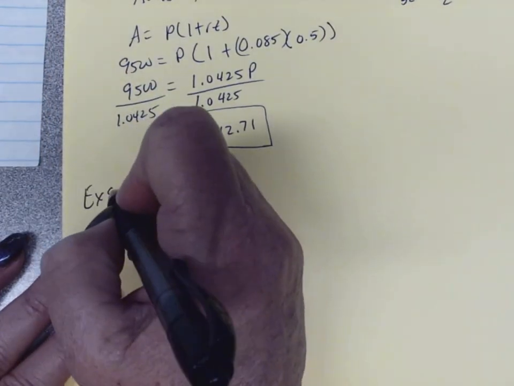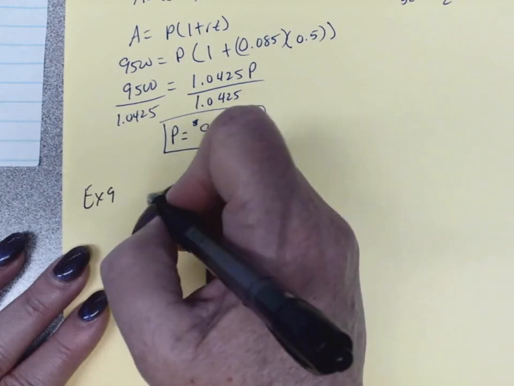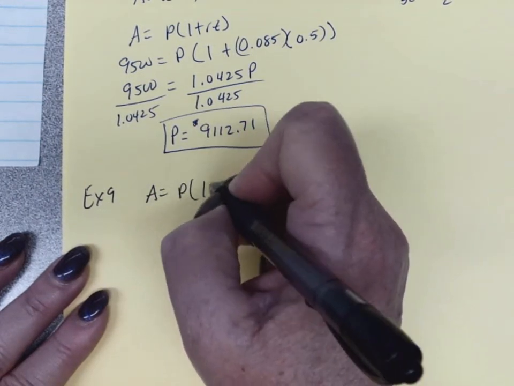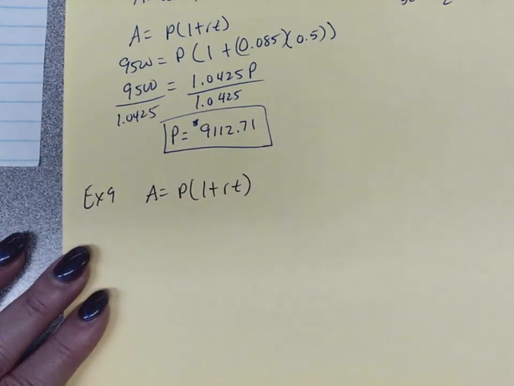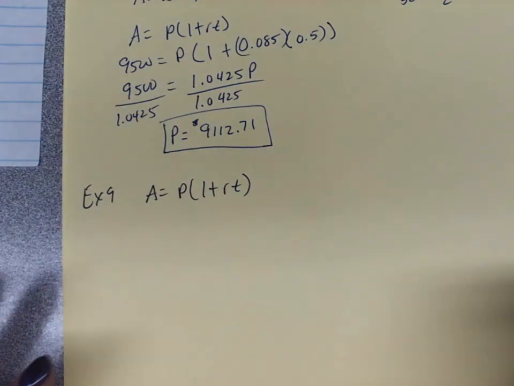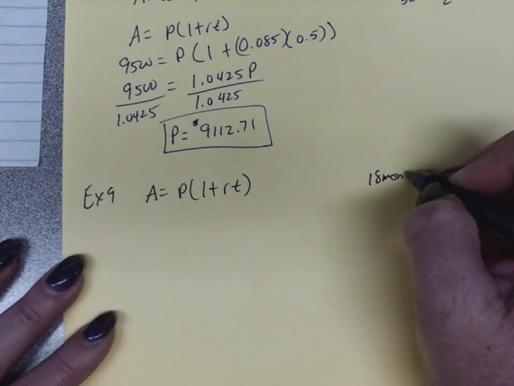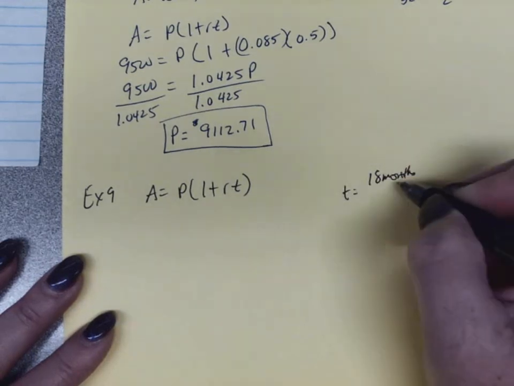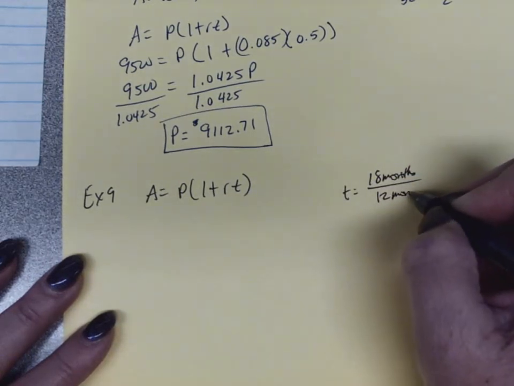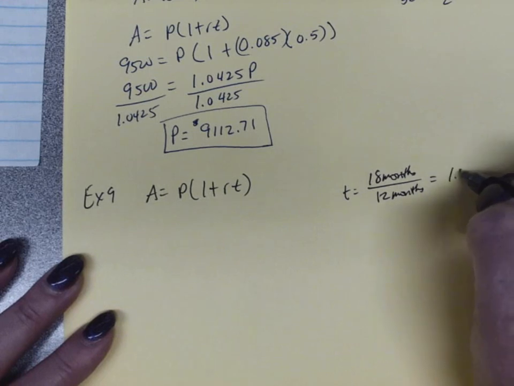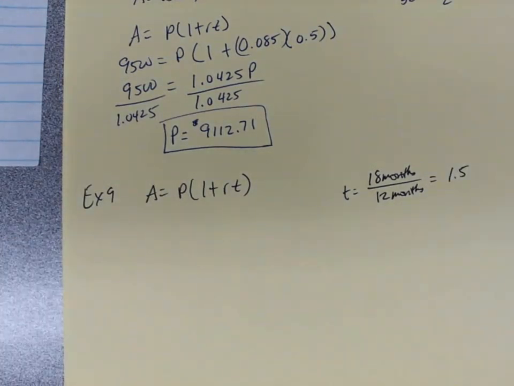All right, so example 9, we're given A equals P times 1 plus RT. All right, so we had 18 months, this is for T, divide by 12 months, and you're going to get 1.5 years.